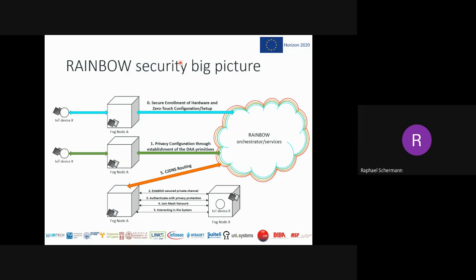If this is done successfully, then the devices are able to join the mesh network, and the last point is interacting in the system and also some CJDNS routing mechanisms.